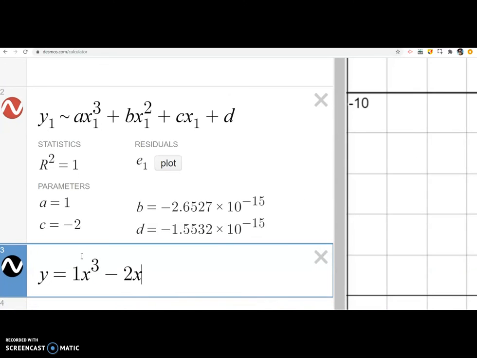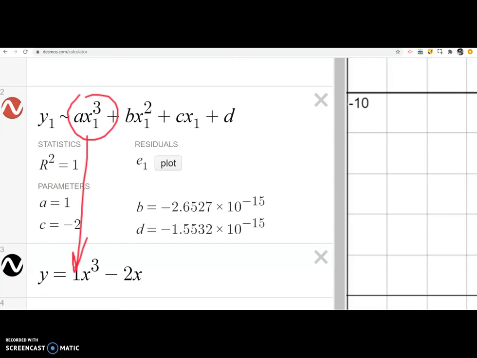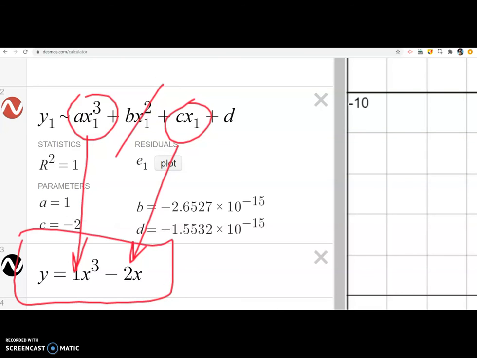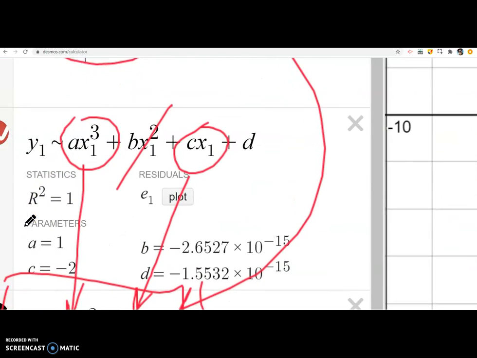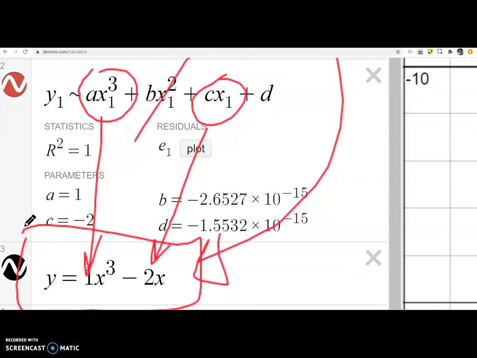There it is. So what we did right there, our A value was supposed to be 1. We had no B. Our C value was supposed to be -2. This equation now matches our data. This data is matched by this equation. We needed Desmos to find us those values. We needed Desmos to find us the A, B, C, and D.